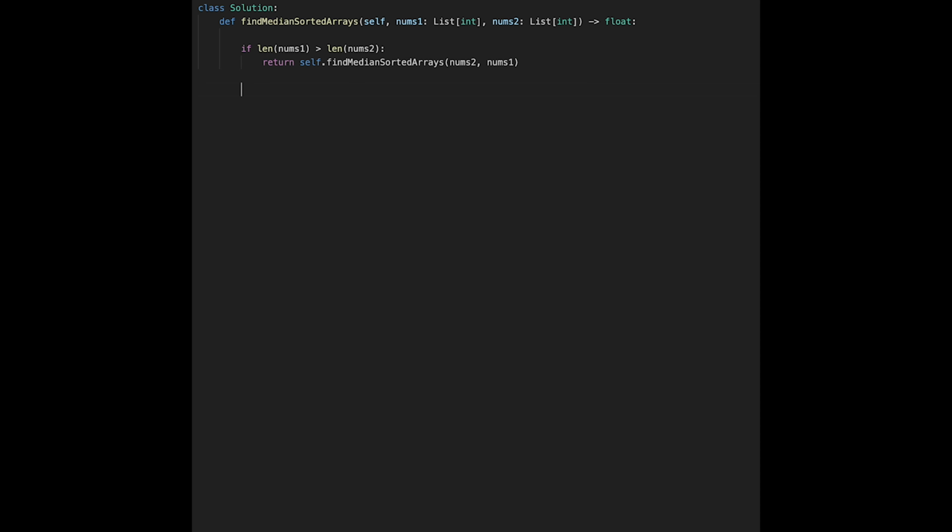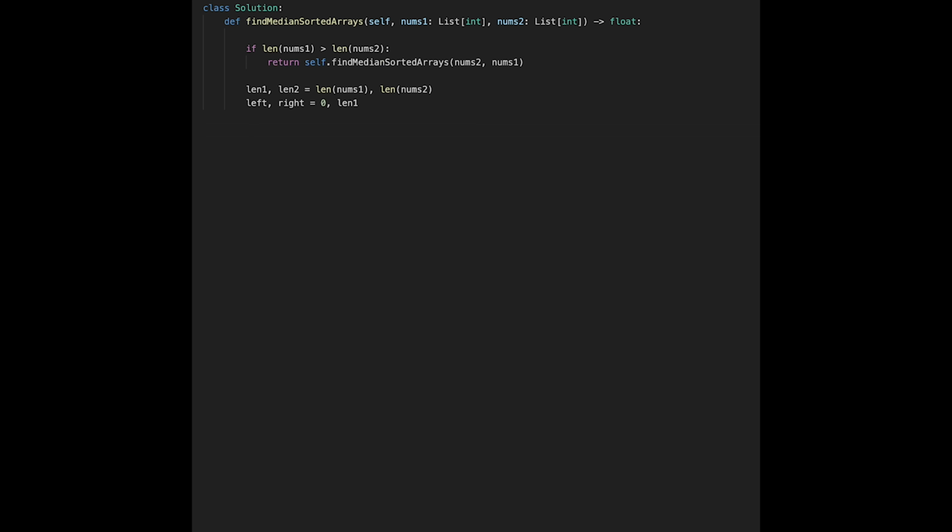It's efficient, right? And then length 1 and length 2 equal the length of nums1 and the length of nums2. And left starts from index 0, and right is length 1.